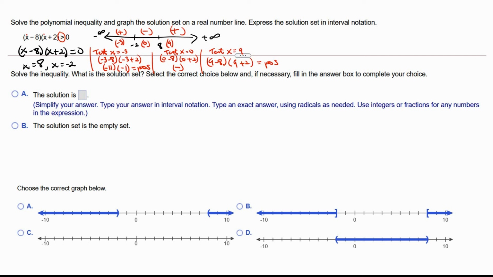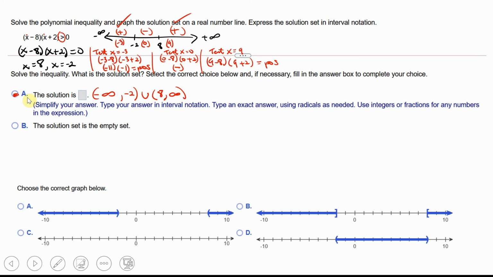So I want the intervals that are positive. The intervals that are positive are this interval and that interval. That's going to be from -infinity to -2. It says greater than, doesn't say equal, so it's just parentheses, union. And then we come over to the other positive interval that goes from 8 to positive infinity.